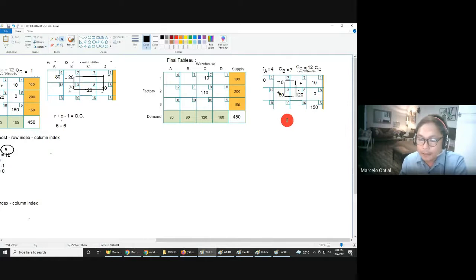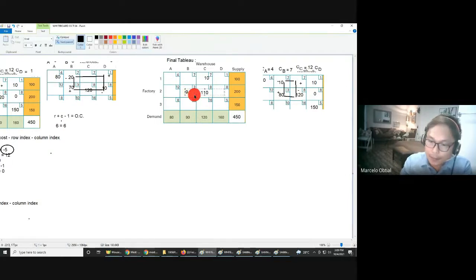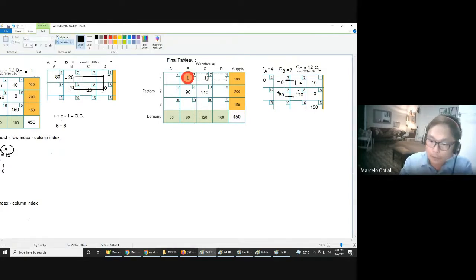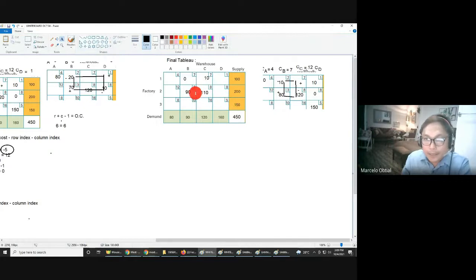Here, it's positive 80 plus 10. That's positive 90. Okay? Here, negative 10 plus 10 will give you 0. Is everyone following? Again, for this value, I know it's negative, but the algorithm says to disregard the negative, the absolute value.